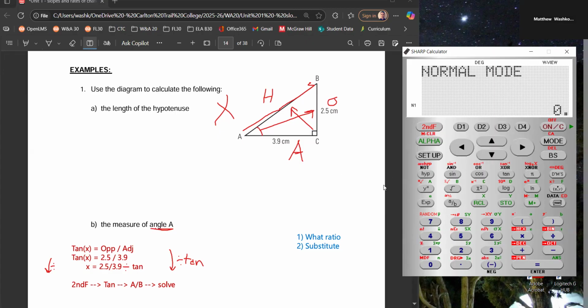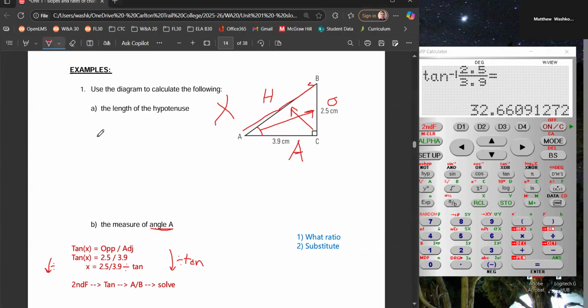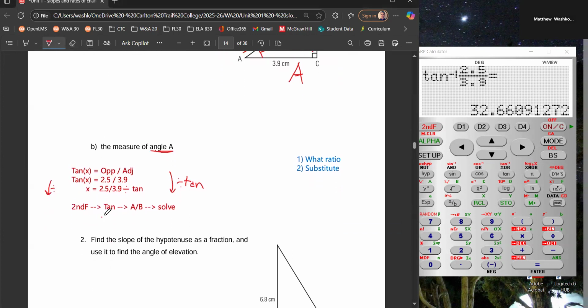So in this case, if I need to divide by tangent, all I'm going to do is second function, tangent, then I input my fraction, right? Use your arrow keys. Now it gives me, oh, it's 32.6 degrees. In this case, I'll go to one decimal place. 32.6 degrees is my final answer here.